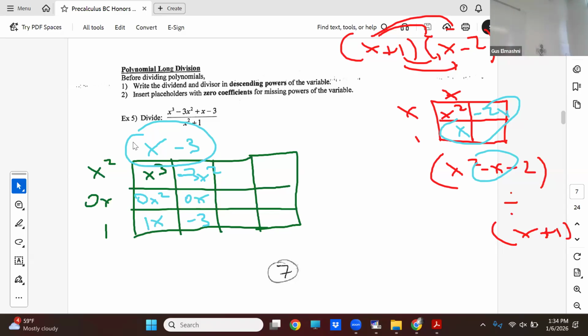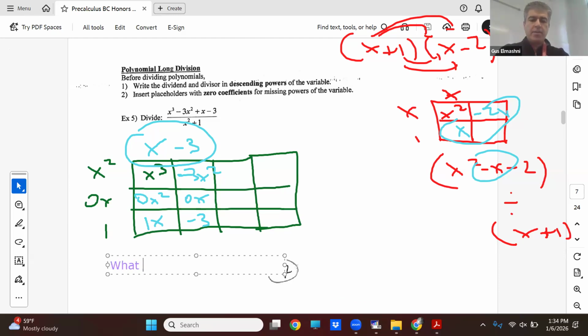Because what I wanted is I wanted this times this times this. So here, guys, here's really what's happening. Let me write this out. This is really the whole essence of what I'm trying to do here.